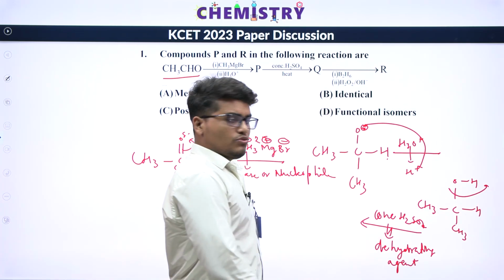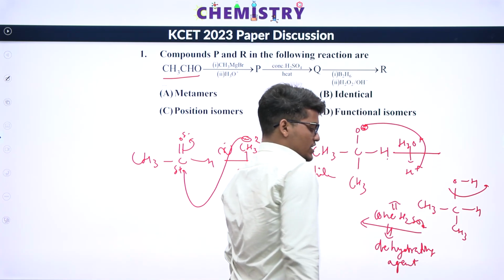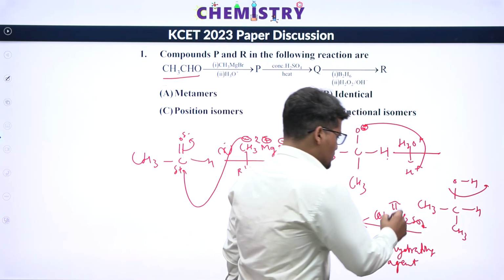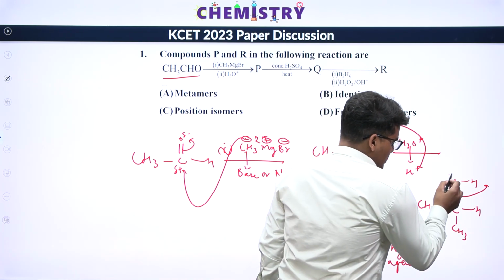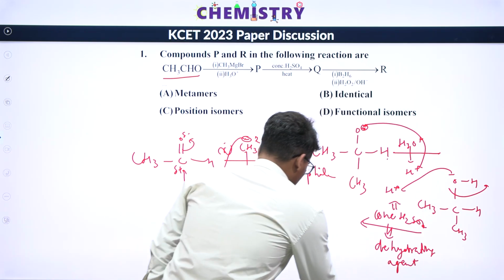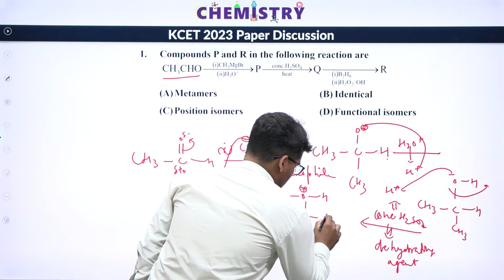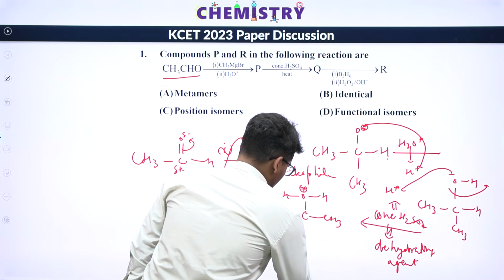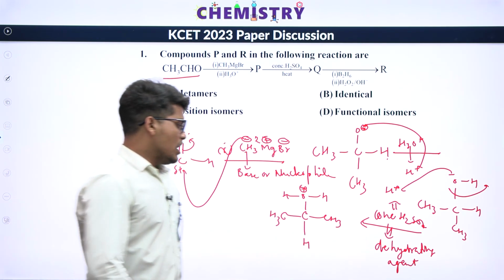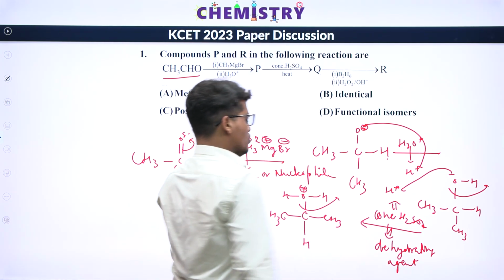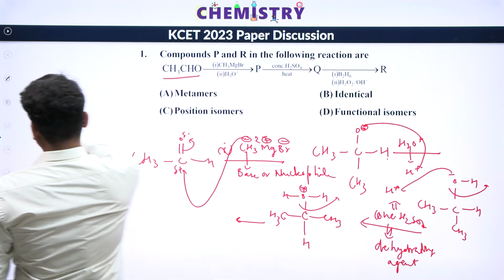How? The concentrated H2SO4 is basically providing H plus. This H plus is attacked by the oxygen to form a protonated alcohol. Then there is a removal of a water molecule.